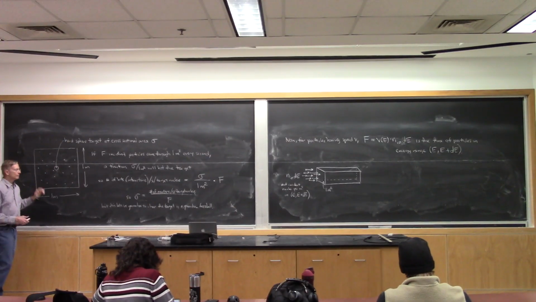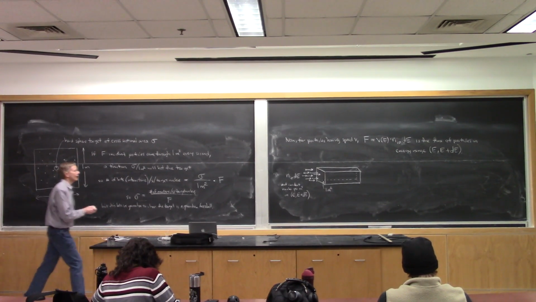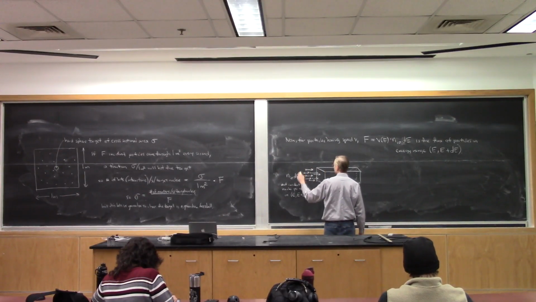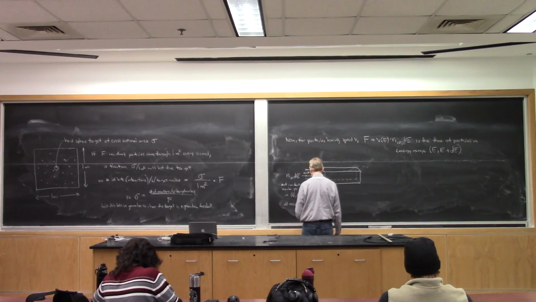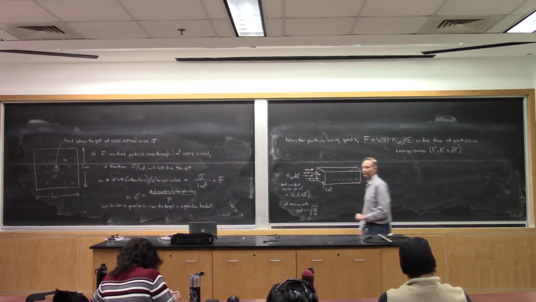Well, here they all are flying through a square meter at the front here, and let's say they're all moving with speed v, root 2E over m.